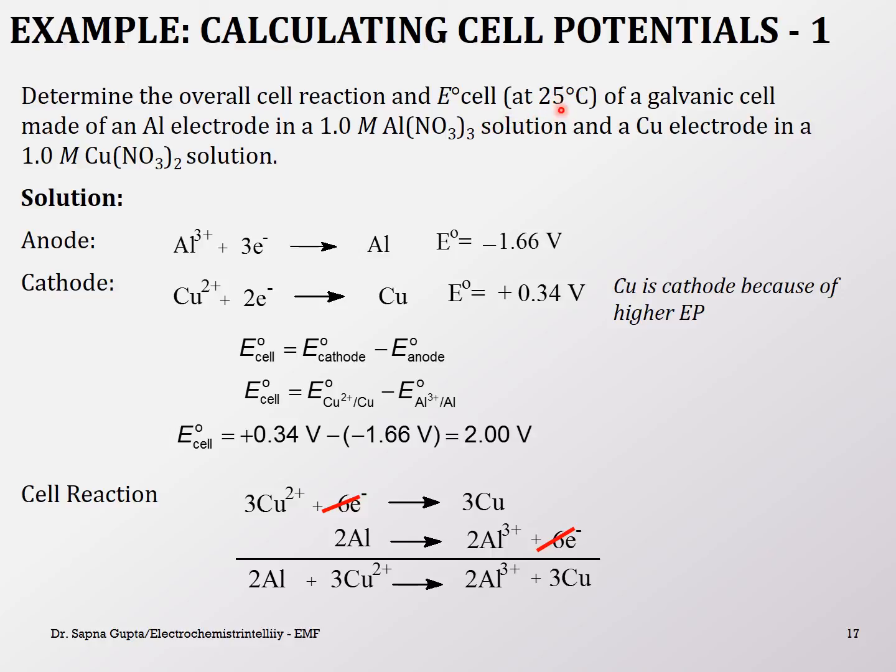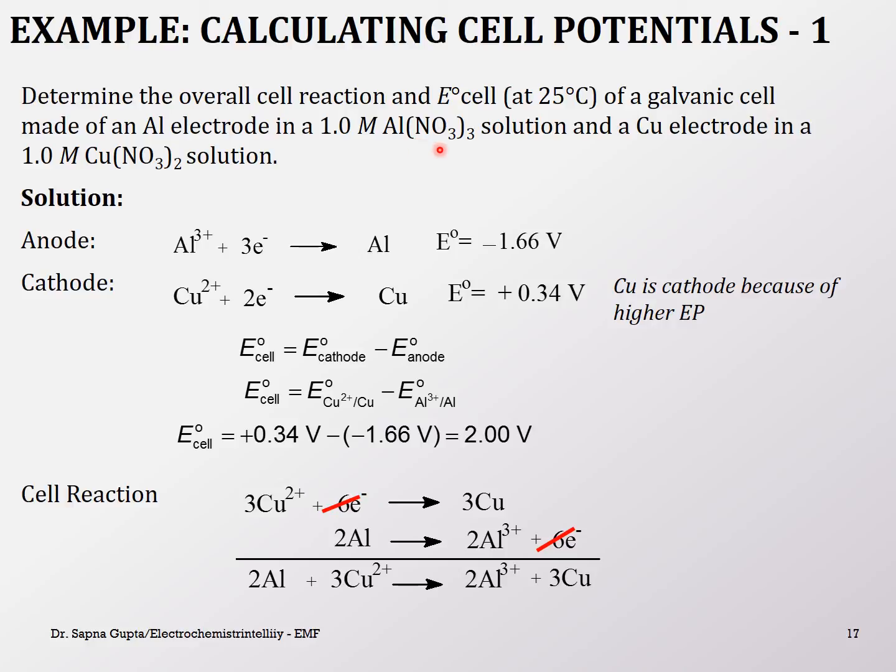The standard temperature is 25 degrees Celsius, for a galvanic cell made of an aluminum electrode and a copper electrode, and both of these are standard 1 molar solutions. If you're not told that, assume that they're all standard unless the problem itself is about concentrations, which we have not done yet.